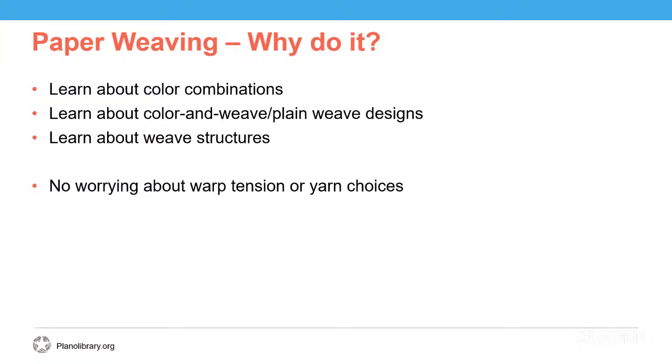So you get to see the structures much more quickly than you would in regular weaving. You also get to learn about color and weave or plain weave designs and learn about weave structures. There's also the added bonus of not worrying about warp tension or yarn choices.